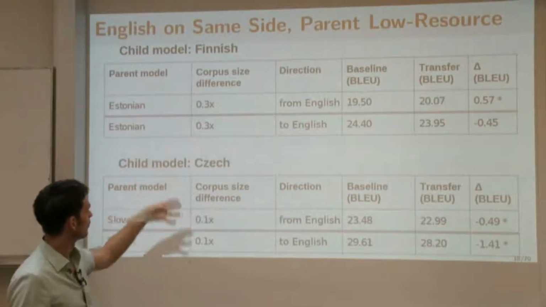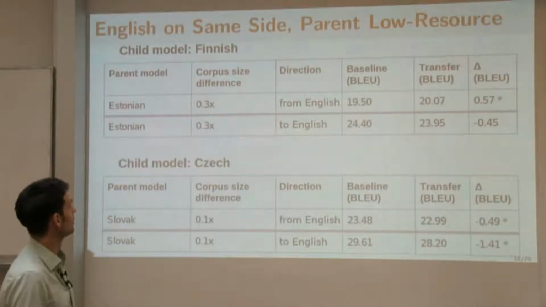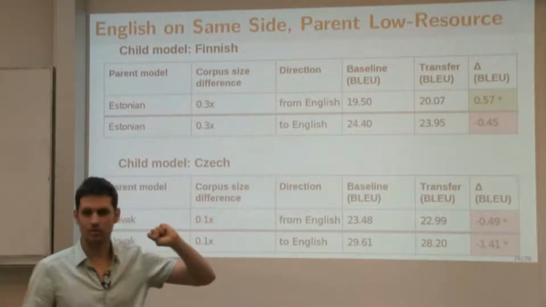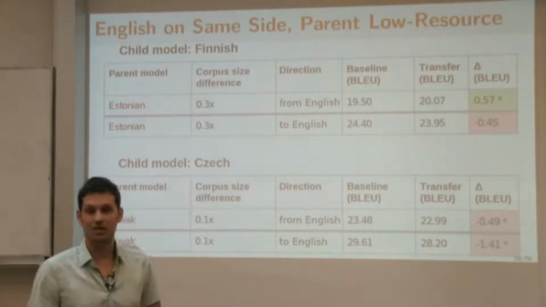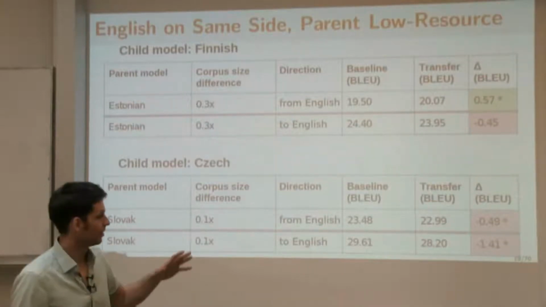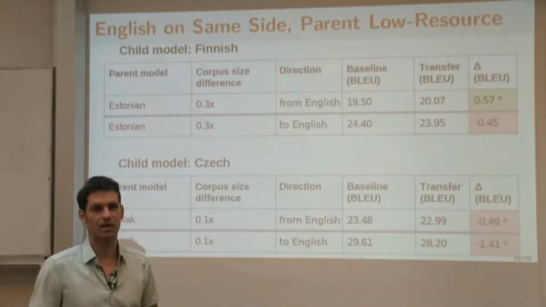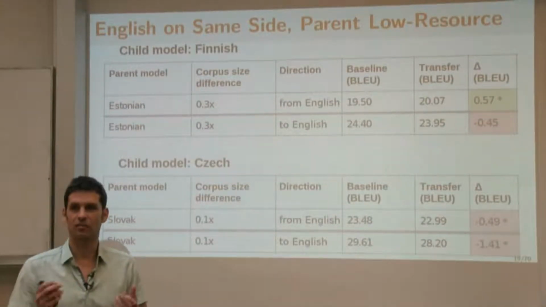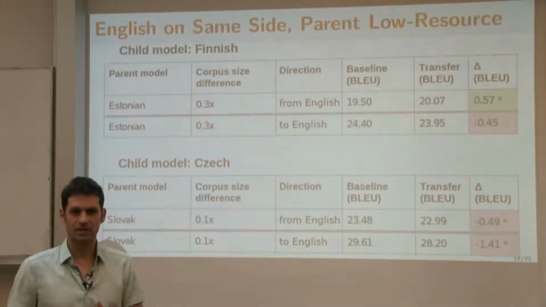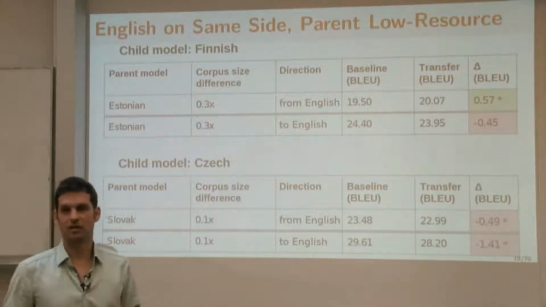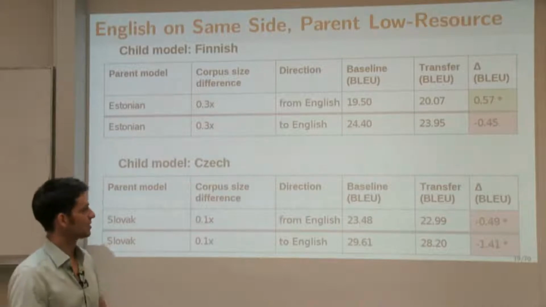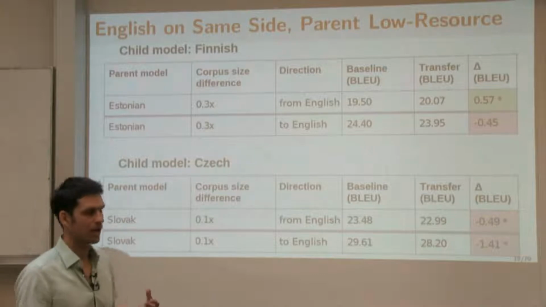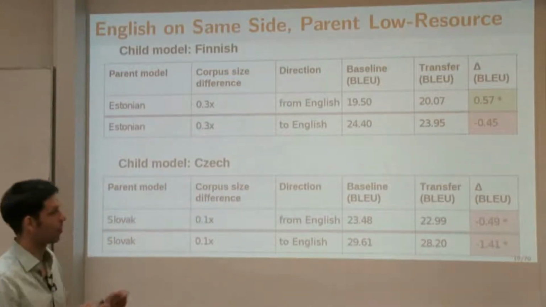So the corpus size difference was below 1. The parent was smaller. We always got not good results, and even a significant degradation of translation quality. So our experiments confirmed that the size of the training data for the parent is the most important aspect. If the parent language pair is smaller, it is going to harm the performance of the child. So it's not a good idea to pre-train with a small parent.